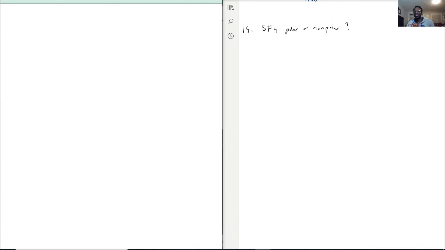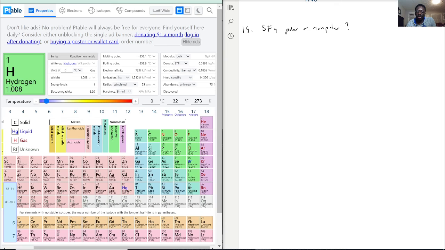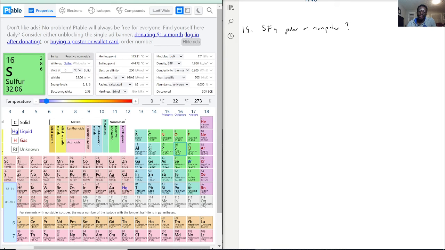So the first thing is to find out its Lewis structure, and we know this by figuring out how many electrons each element contributes. Sulfur is in the 16th column, which means it has 6 electrons to contribute.